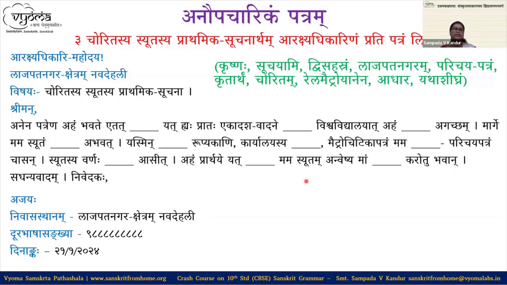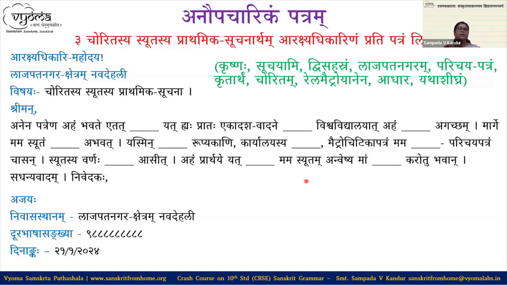Yes, come on, raise your hands. Students, come on. Which word you got? This is easy. This is not a difficult one. Krishnaham is black. Suchayami means I told you or I make you aware. Dvisahasram is 2,000. Lajapatanagram is the name of a place.